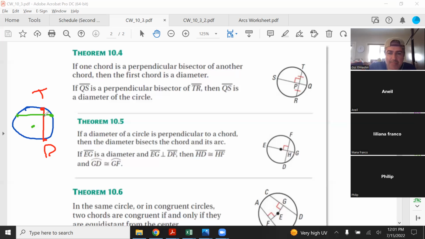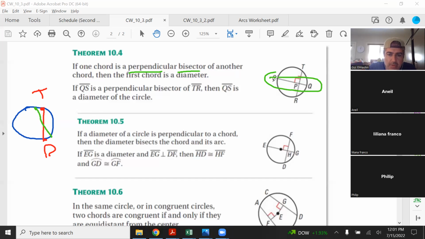It could be perpendicular, but it's not cutting it in half. Or let's say it does cut in half, but it's not perpendicular. So maybe we have something like this here. It cuts the red chord in half, but not perpendicular. That green chord's probably not going to be a diameter either, because it could have looked kind of like this too. So you have to be both perpendicular and cut in half. Then SQ would be the diameter.